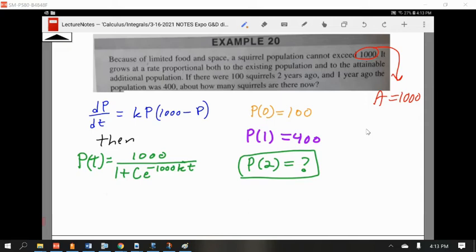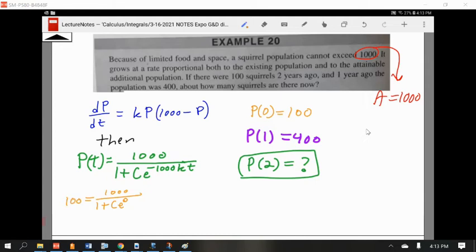I get 1,000 divided by 1 plus C e to the negative 1,000 times some number k that I don't know times 0. See, I don't need to know k. I can find C first because this is e to the 0 power.